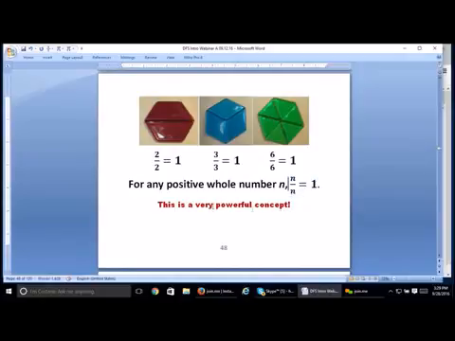It turns out that this idea that n over n equals 1, 5/5 equals 1, 4/4 equals 1 is a very powerful concept. With this idea alone, students can do a tremendous amount of work with fractions, adding fractions, subtracting fractions. It's amazing the power of this little principle.